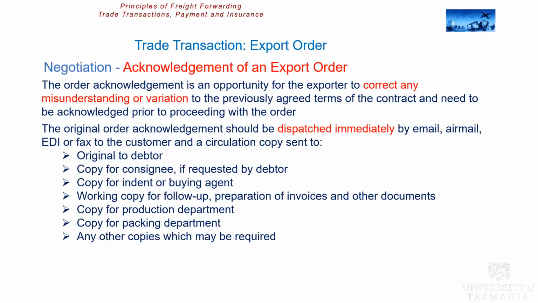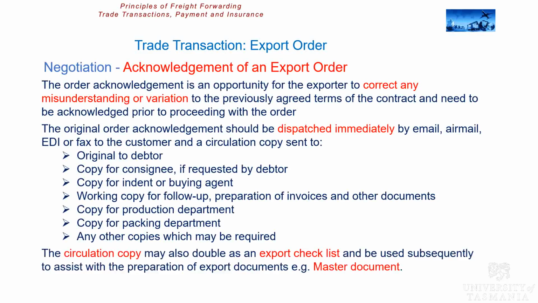Also, a copy is going to go to the consignee, particularly if it's been requested by the debtor, so the consignee being the buyer. Copy for indent or buying agent. So if there was a buying agent, a middleman involved, they'd get a copy. Obviously you want a copy going to your own production department, packing department, and any other copies that may be required.